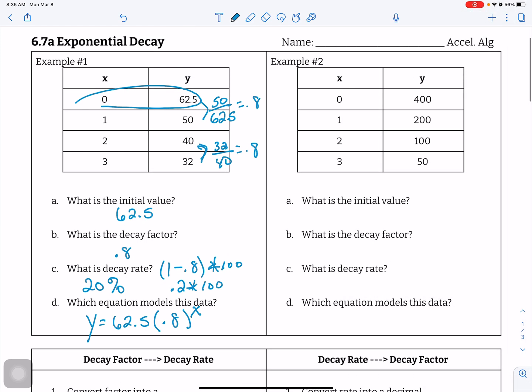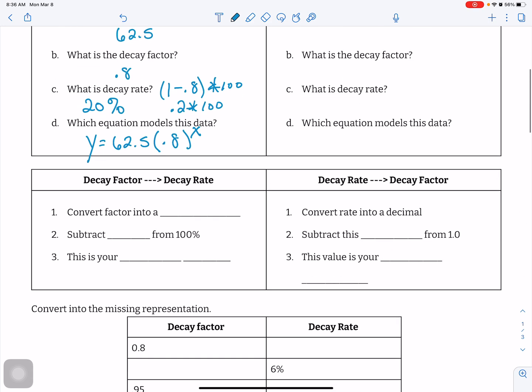There's another one, I'm going to have you try that one on your own. We're going to do some decay factors to decay rate. So convert a factor into a percent. It's kind of just slightly different than I did up above. It just is putting it into a percent first as opposed to I put it into a percent last.